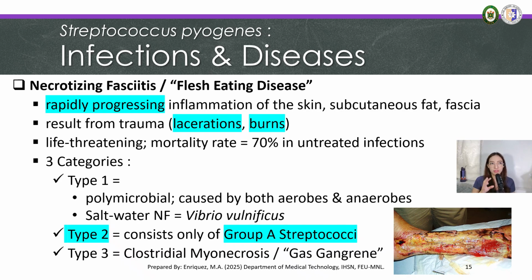So Clostridium perfringens po is a topic for another discussion. But ayun po, here are the three different categories of necrotizing fasciitis, and ang tatandaan natin dito is type 2 because type 2 necrotizing fasciitis is specifically caused by group A streptococci.